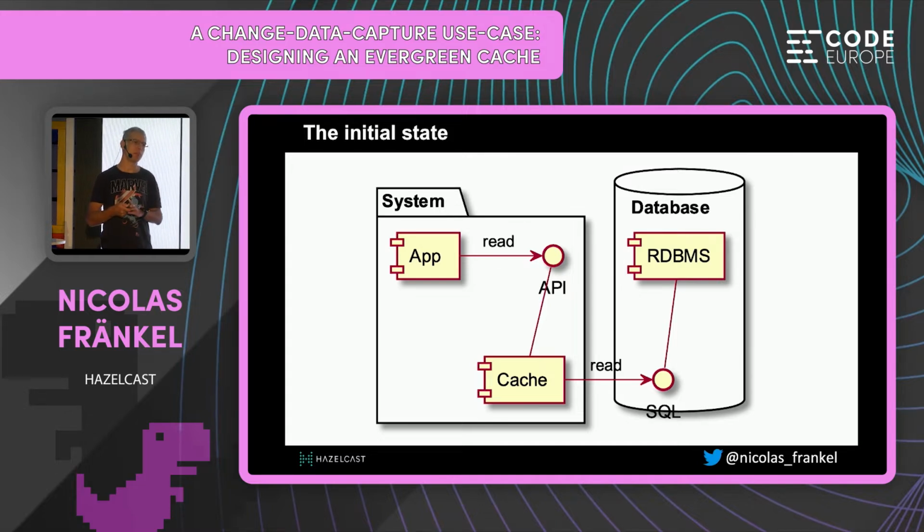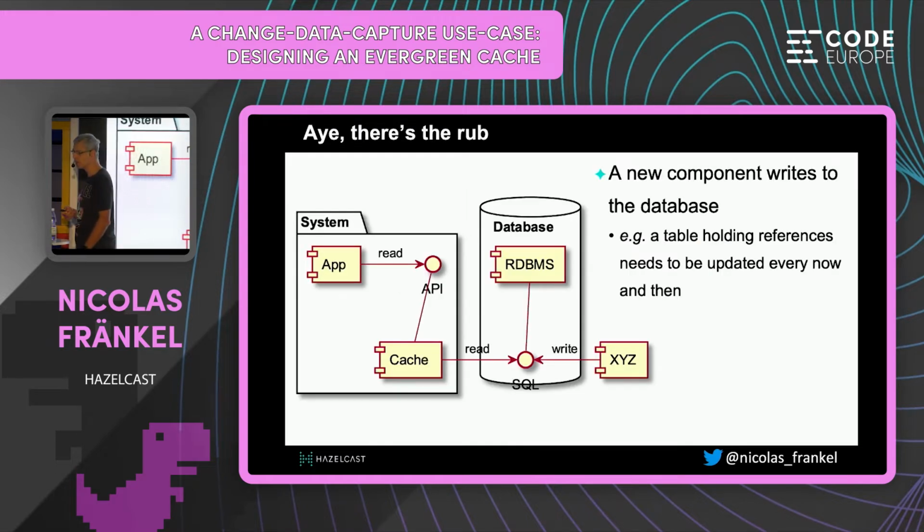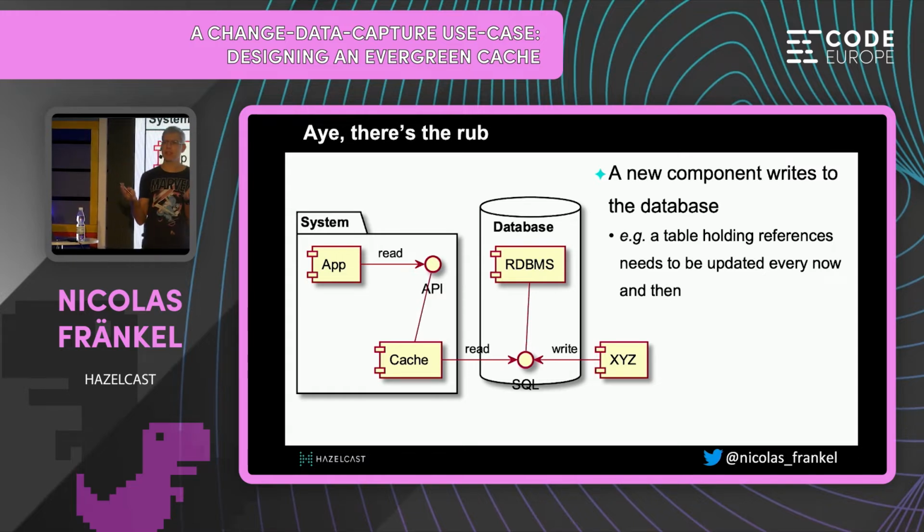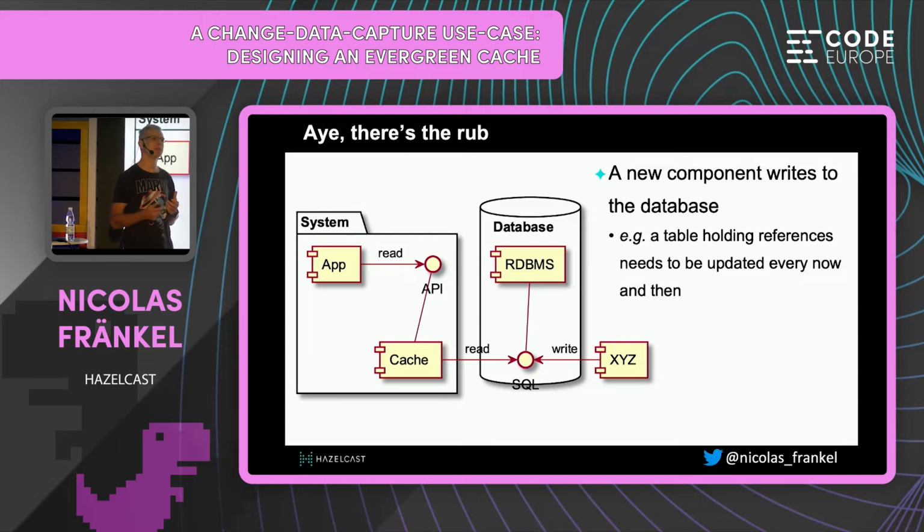Unfortunately, probably you know that perfection is not of this world, and in general, your design probably looks like this. At some point, there is a batch, something else, that needs to update the data. Generally, it's reference tables.